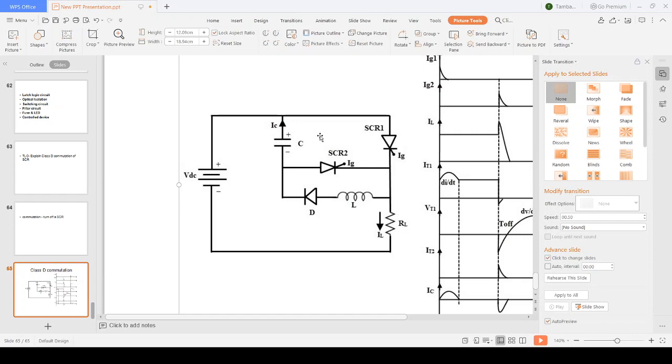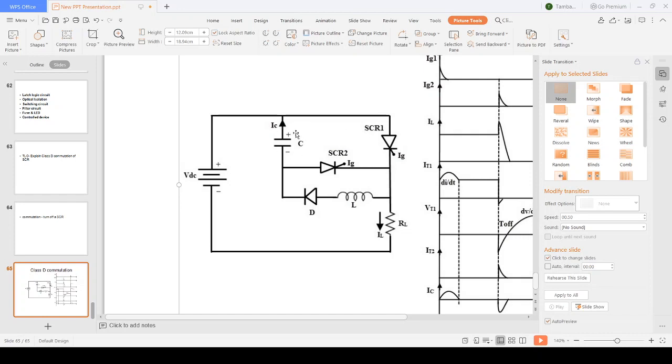Now, the negative voltage on the capacitor is held constant, the diode D will be reverse biased, and SCR1 will continue to conduct the current.